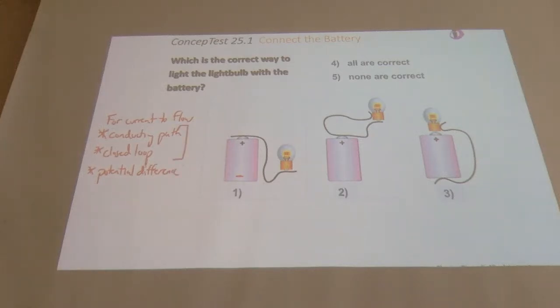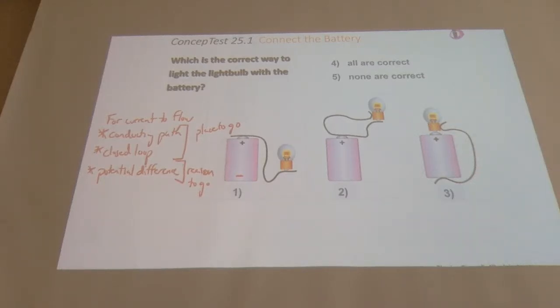So these are a place to go and a reason to go. We have to give the charges a place to go and a reason to go. So which one is it?